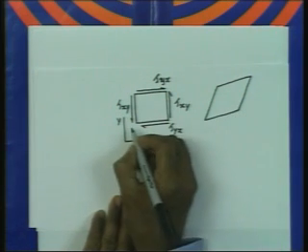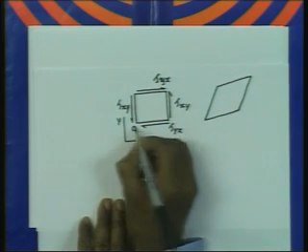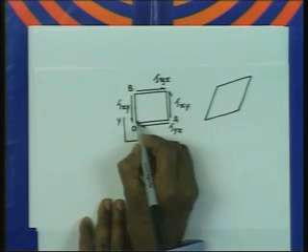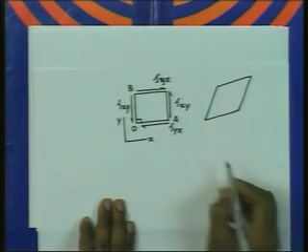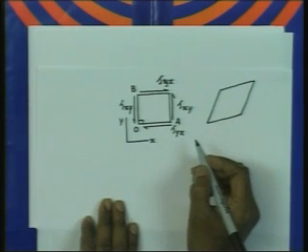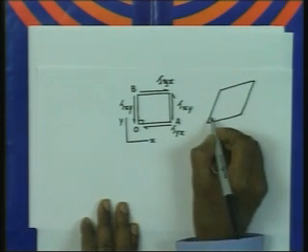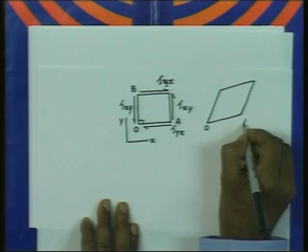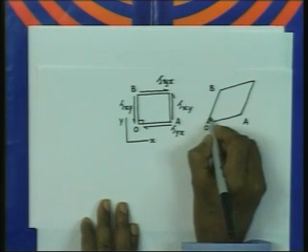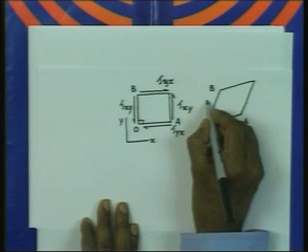Herein, consider that this is O, this is A, this is B. OA and OB are initially at 90 degrees, but because of these stresses, the angle between OA and OB becomes less than 90 degrees.